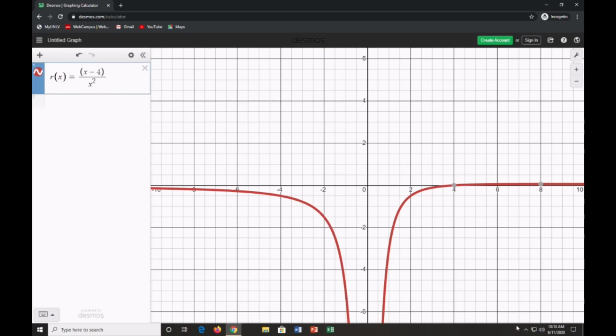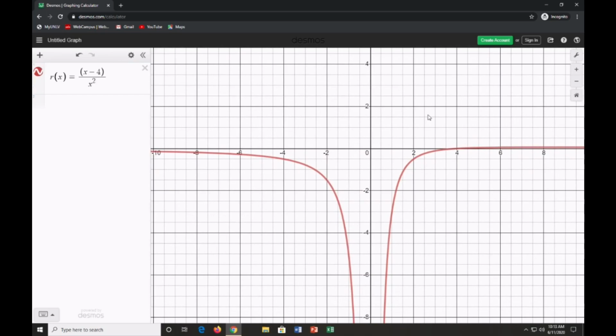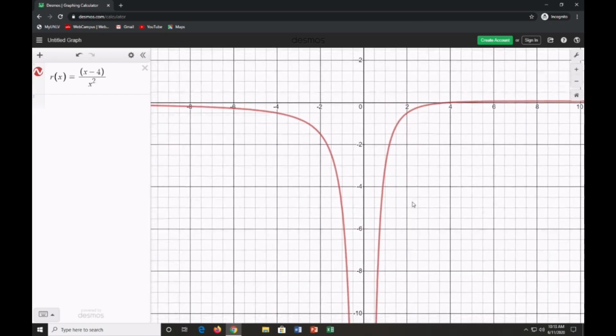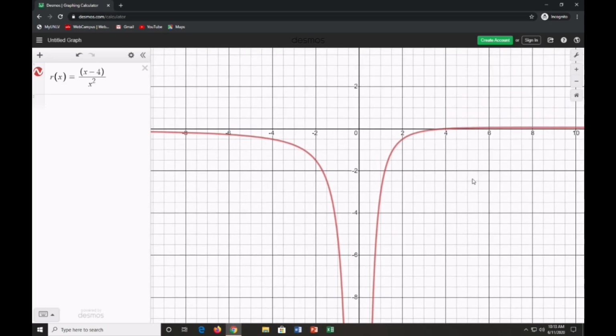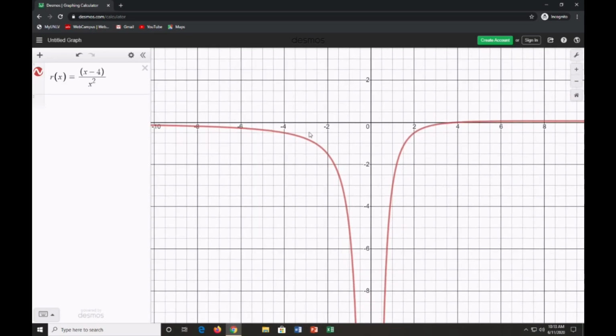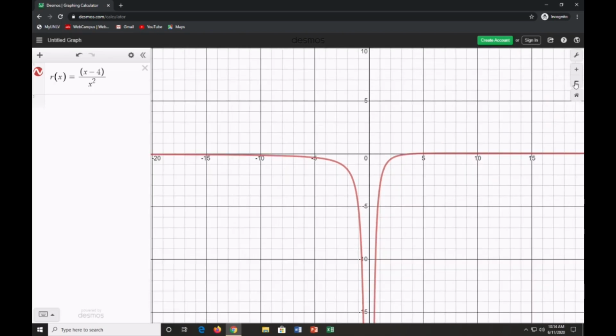Like that. What you see on the screen is the graph of this rational expression. Notice that the x-axis is the horizontal asymptote. You can see it clearly. Look at the behavior of the graph. If I zoom out and then zoom in again, you'll see it.